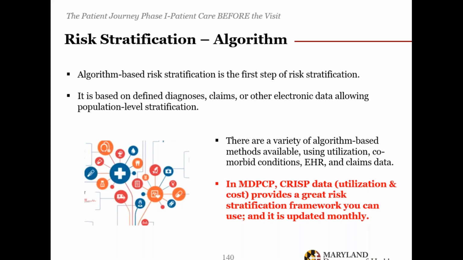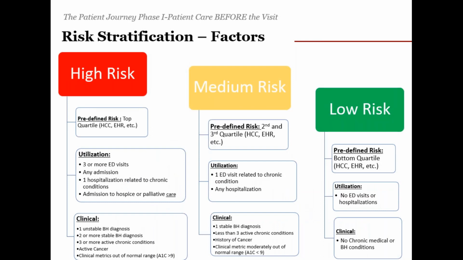So you can leverage the CRISP data, utilization and cost, to see the risk strata of your patients, and that's updated monthly, regardless of which method you use. For the algorithm or the first step, these are the key components. You have a predefined risk based on claims.